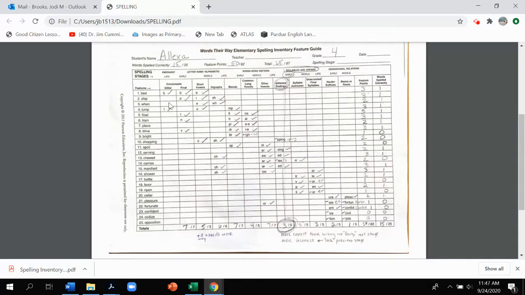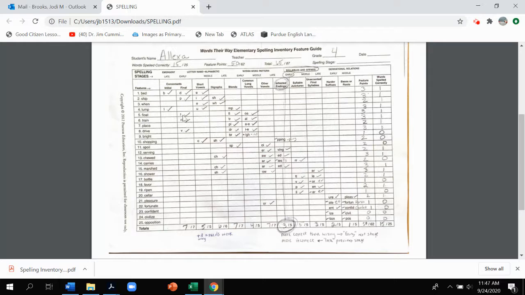If there isn't anything in the box, like right here, initial or final consonants, then we're not looking at that piece for this particular word. We're only looking for the digraph and the short vowel. That's where we're moving out of the emergent stage and into more of the letter name alphabetic stage.